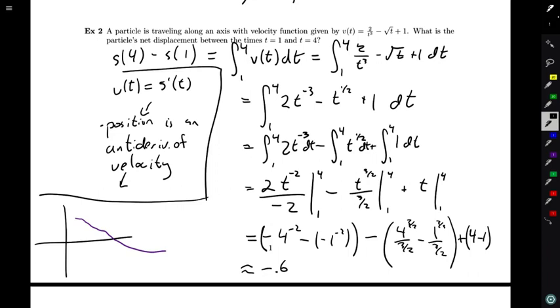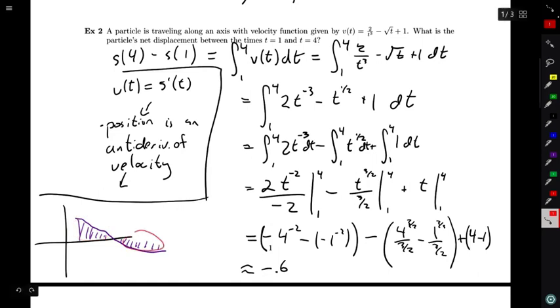And so we find that the net displacement here we can find by finding the area under this curve, or rather the area between the curve and the axis. What's happening is the particle is moving to the right when the velocity is positive, and it's moving to the left when the velocity is negative. So this area here represents the total distance to the right.